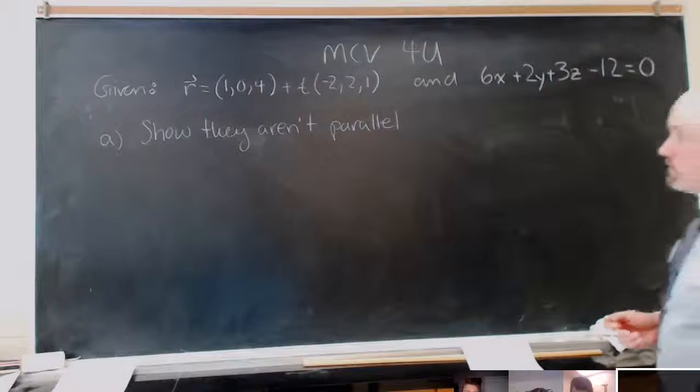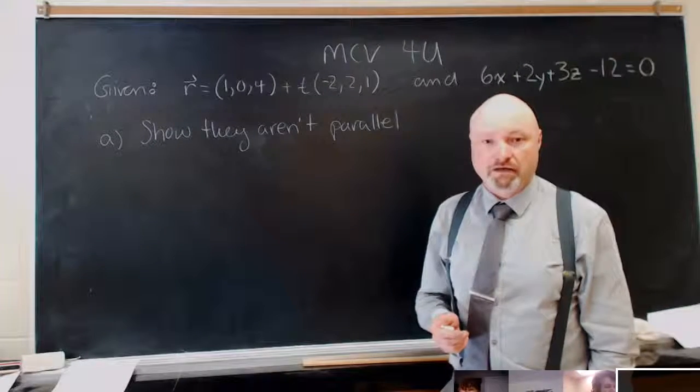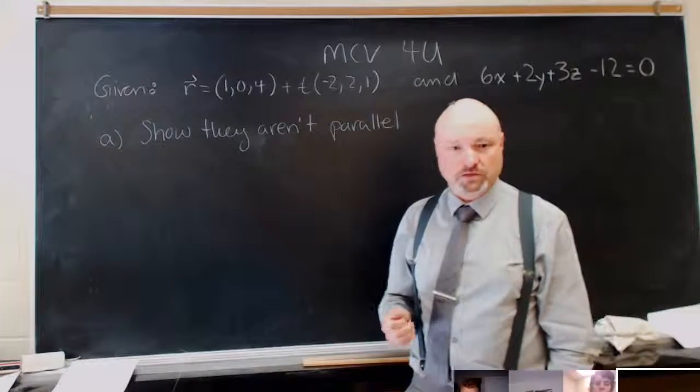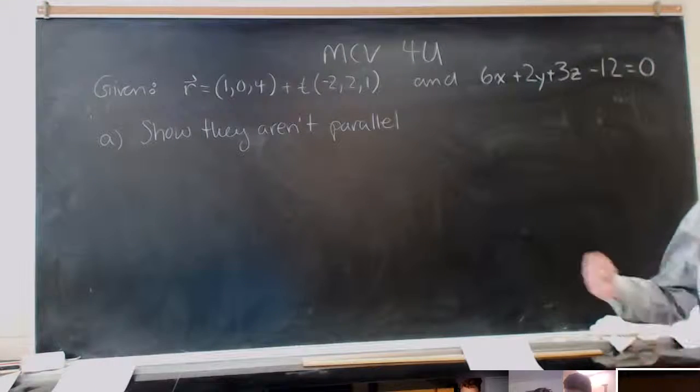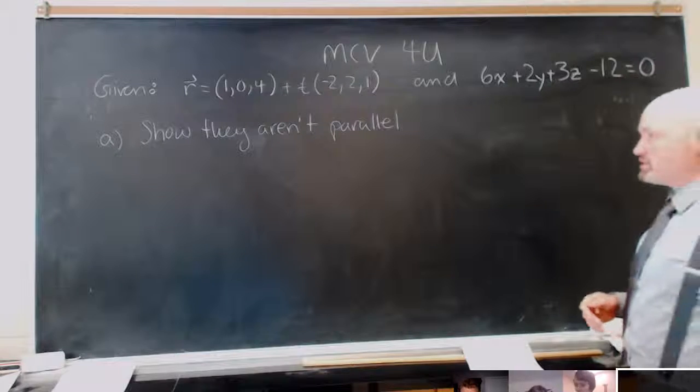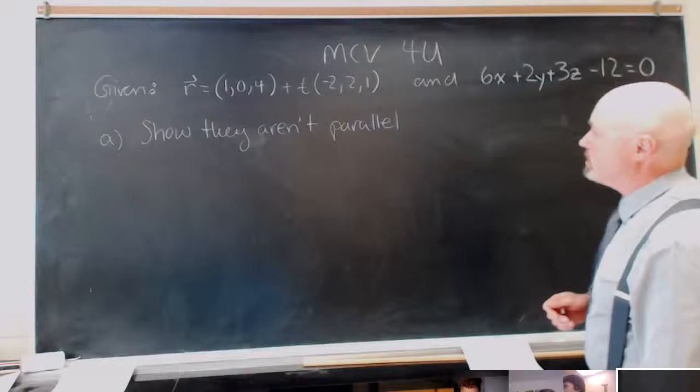So this is actually pretty short, so you probably noticed that it's a pretty easy lesson, because pretty much you're just putting parametric values for the variables into the equations, and you're seeing if you get a value for t or not.